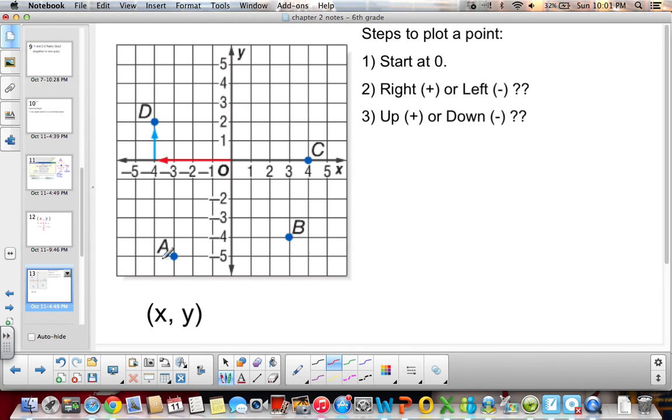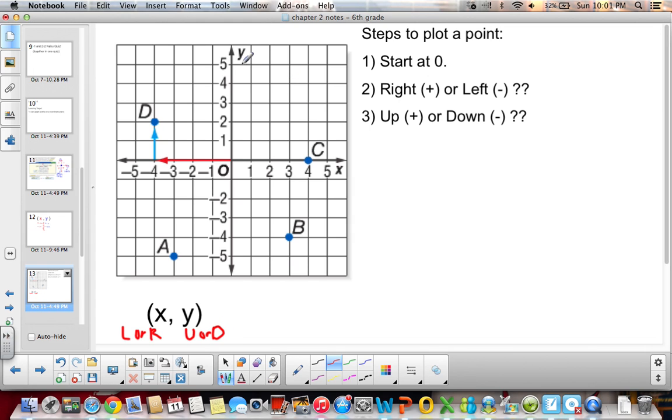Okay, so in order for us to plot a point or to figure out our point values, our ordered pairs that are already plotted on a point, there are steps that we need to do. So x and y, remember what we just said. X tells us if we're going left or right. Y is telling us if we're going up or down.